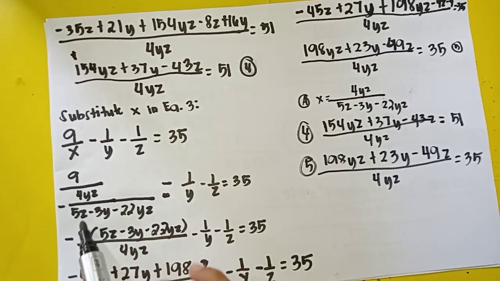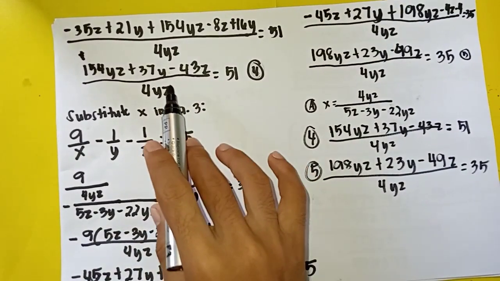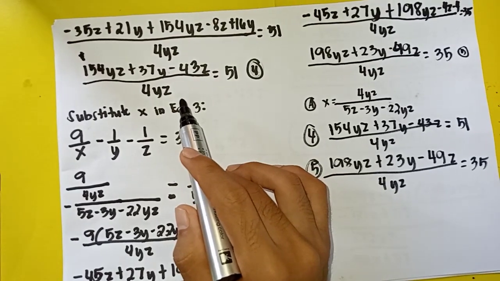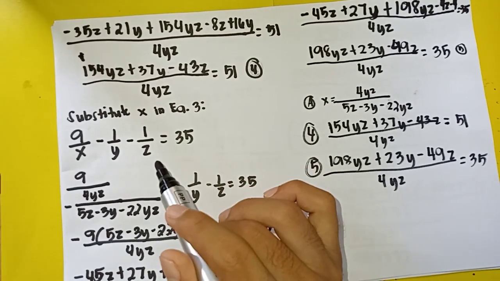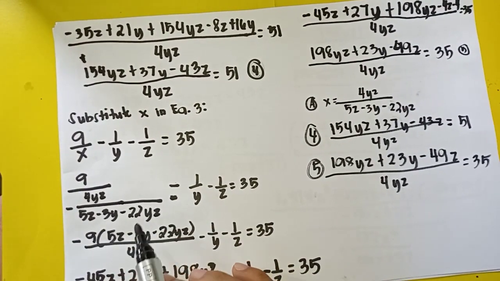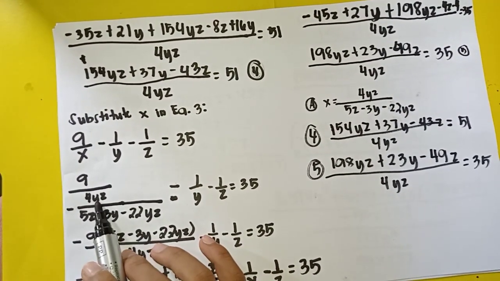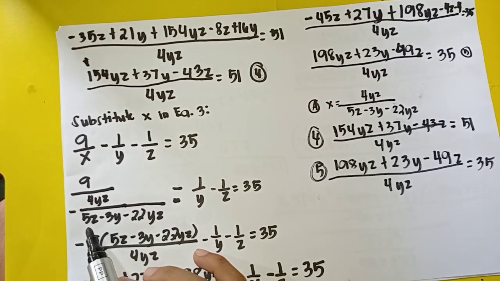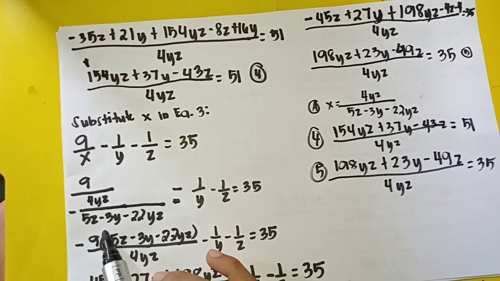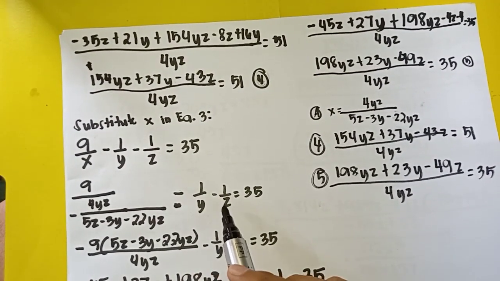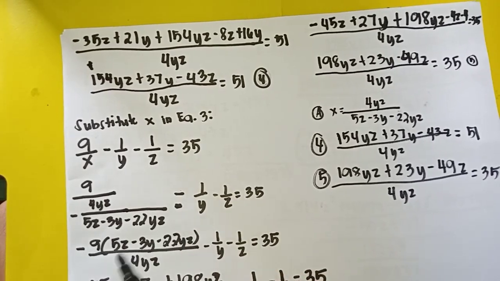So we will substitute x: 9 times negative 4yz over 5z minus 3y minus 22yz, minus 1/y minus 1/z equals 35.